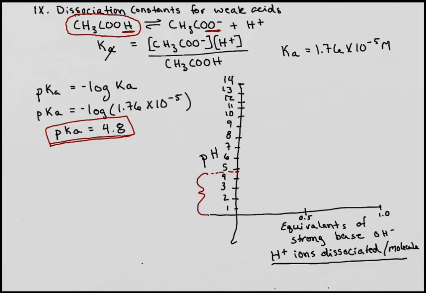So as we raise the pH and eventually add 0.5 equivalents of base, in all of these pHs below the pKa, CH3COOH predominates.